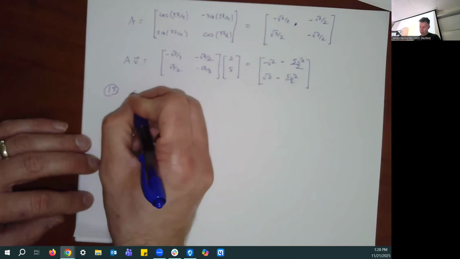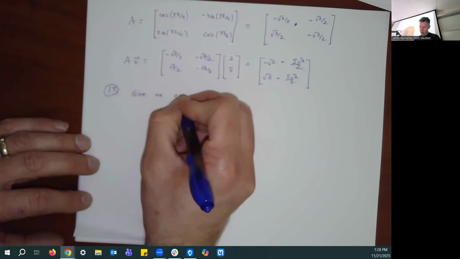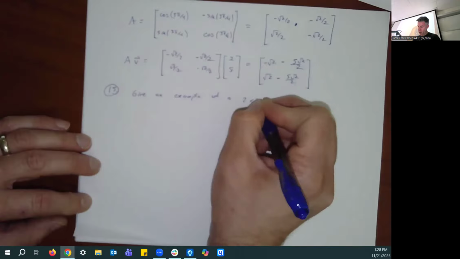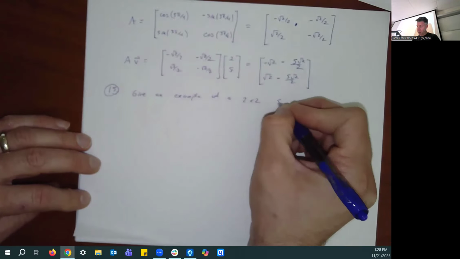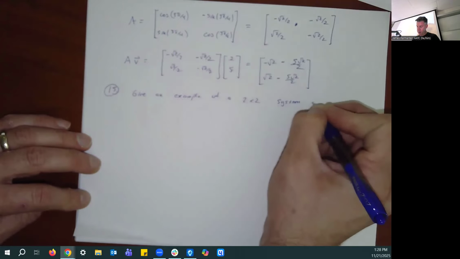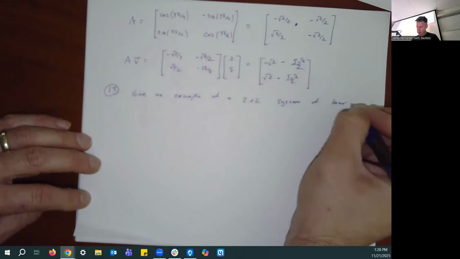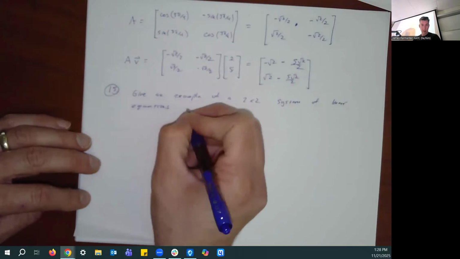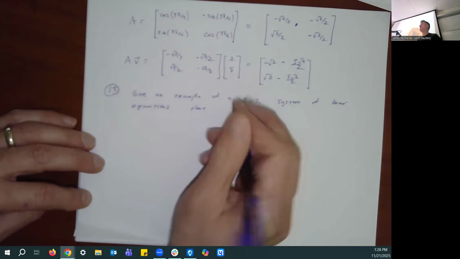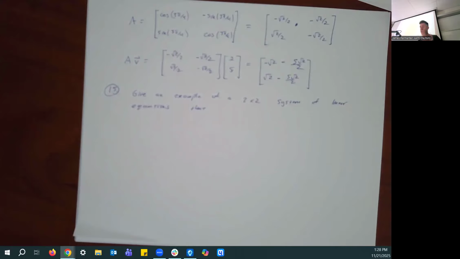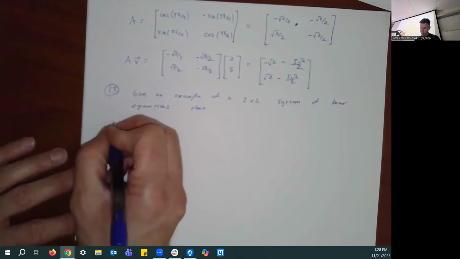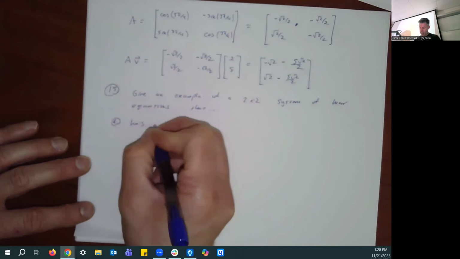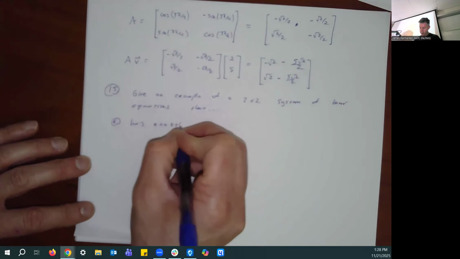It said, give an example of a 2x2, not matrix, but system of linear equations that has some number of solutions. And there's like 6 different things. The first one is that has exactly 2 solutions.